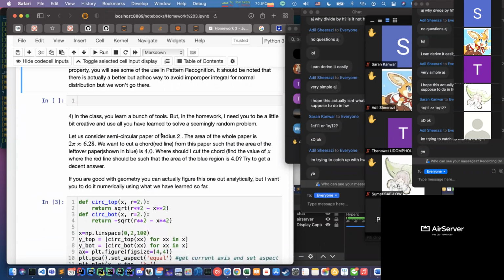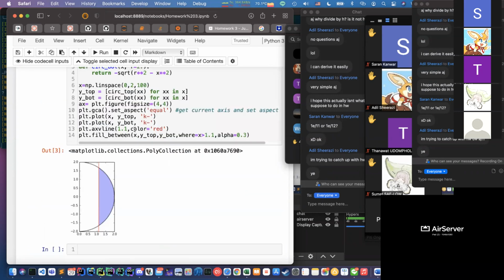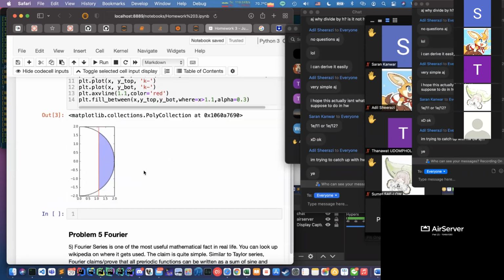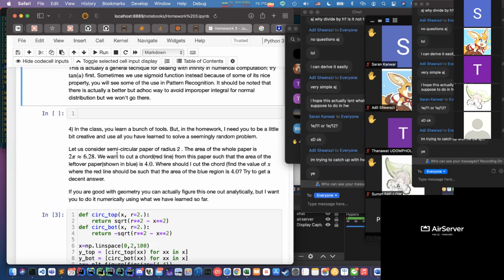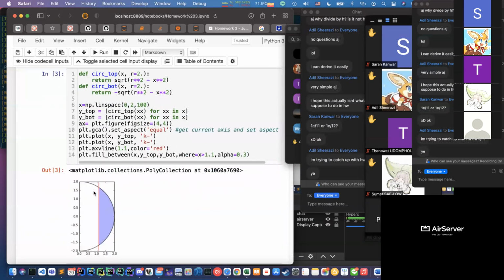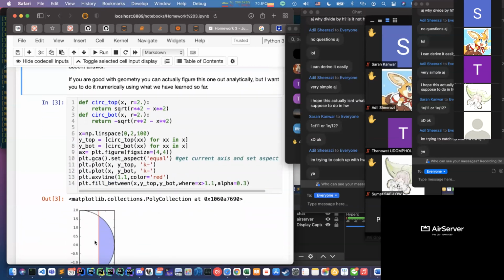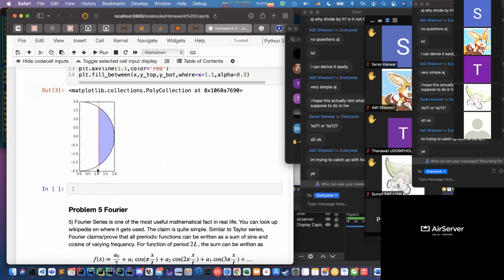And then you're gonna learn how to do the following. This is to get you to figure out how to combine the tools you learn. All I am asking is to find the position for the red line such that the area here is exactly whatever number I give, 4.0, to find exactly the value of x over here.